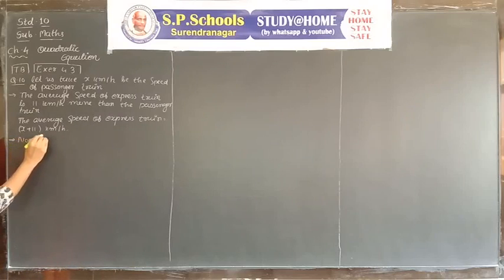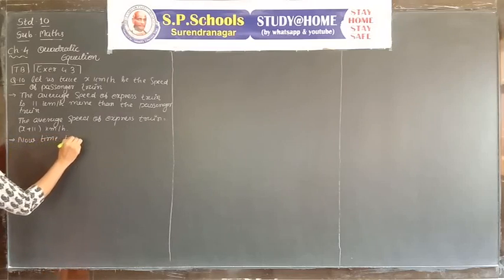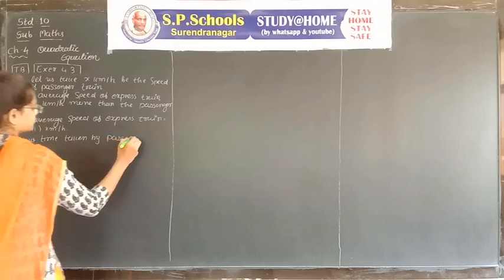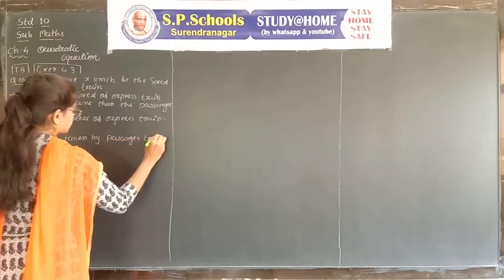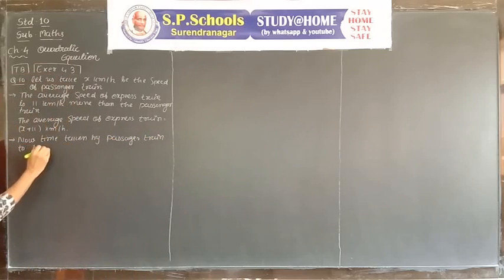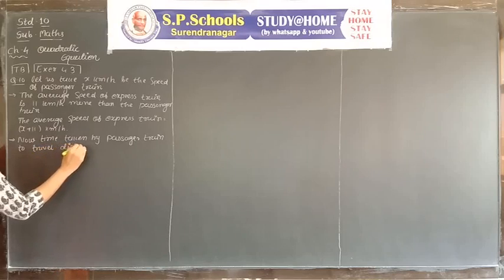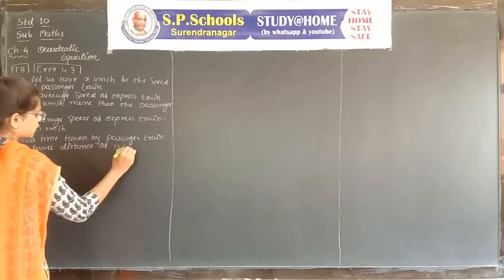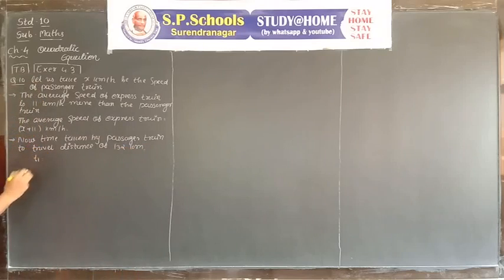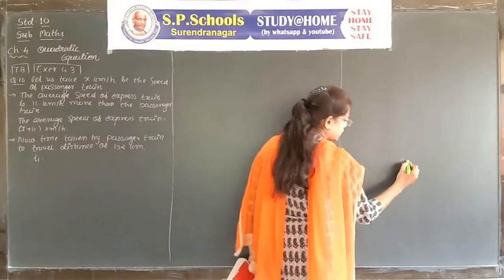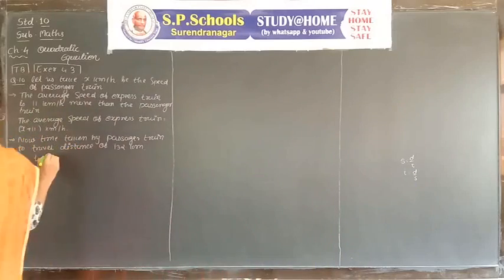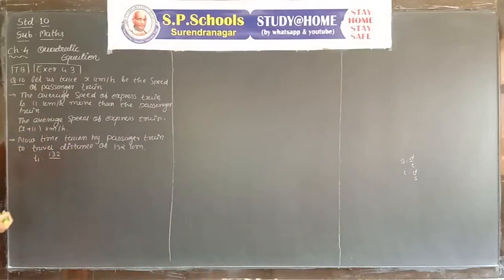Now the time taken by the passenger train to travel a distance of 132 km, T1 is equal to, speed is equal to distance upon time, then time is equal to distance upon speed, where the distance is 132 upon the speed of the passenger train x, hour.